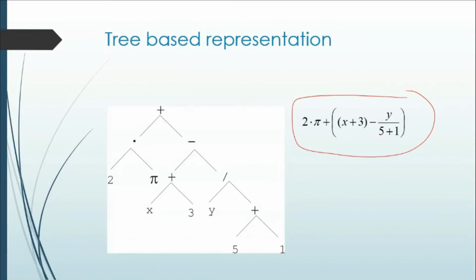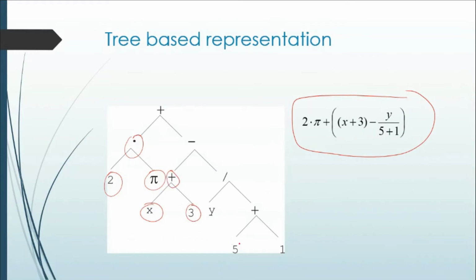Being computer science students, you might know what a tree representation is. In this case, 2 times pi: these are the leaf nodes, where the constants and variables are represented, 2 and pi. Then here is the operation or function. Again there are two leaves, and in between these two there is the plus symbol.